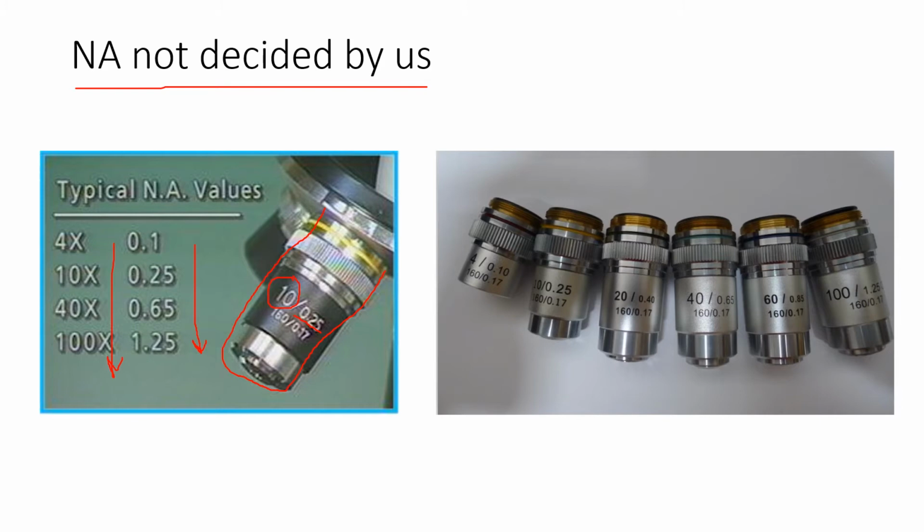That's how we calculate magnification, which we'll talk about in the next slide. Numerical aperture can be increased a little by using oil rather than air, but only a minimal difference is created. Otherwise, all numerical apertures are decided by the manufacturers who design the lenses.